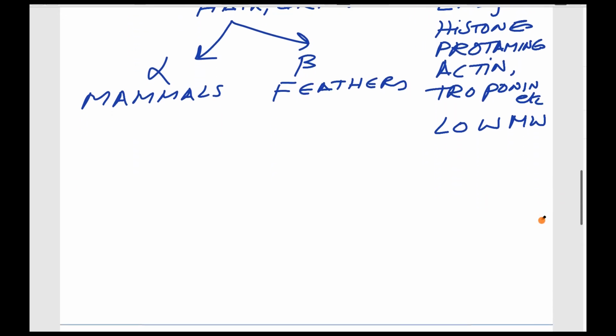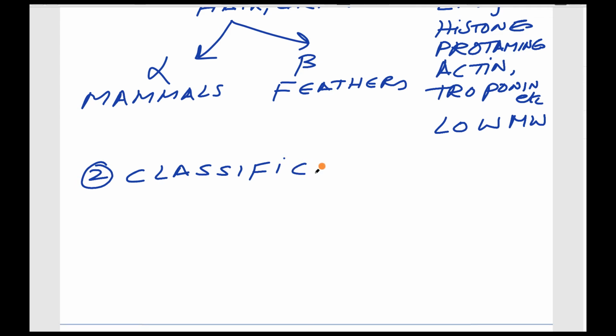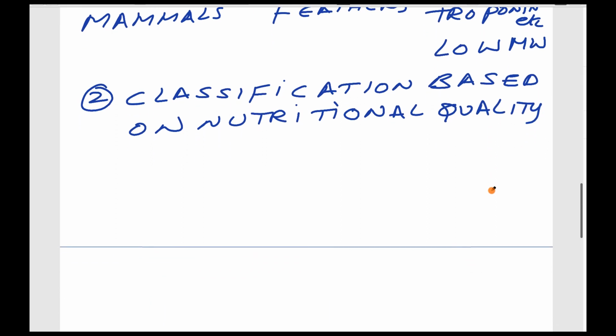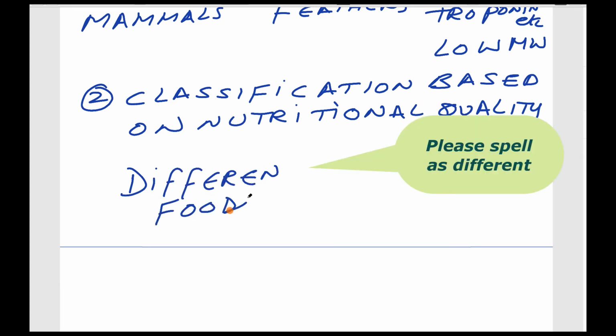The second one we'll take up is classification based on nutritional quality. When you talk about proteins, let us see different foods.